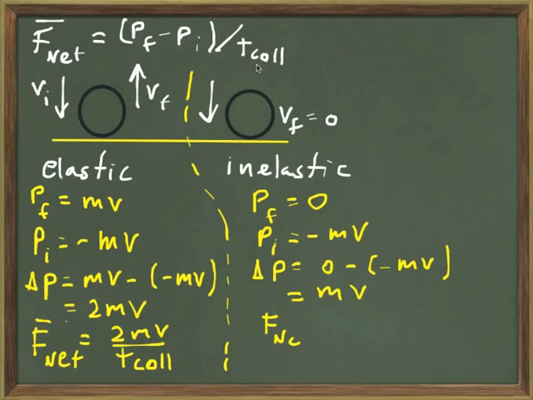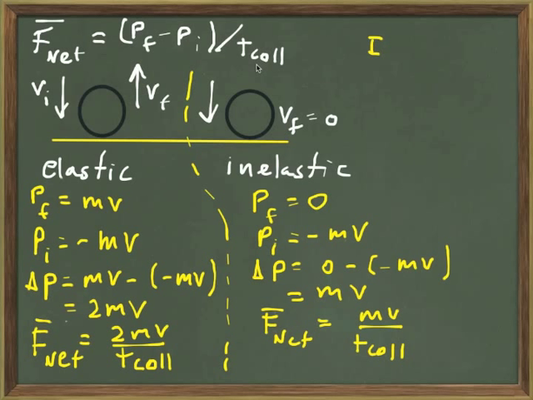So the average force is going to be the change in momentum, mv, divided by the collision time. If we're assuming that these two balls have the same collision time with the table, then clearly the elastic collision delivers more of a punch, twice as much as the inelastic one.